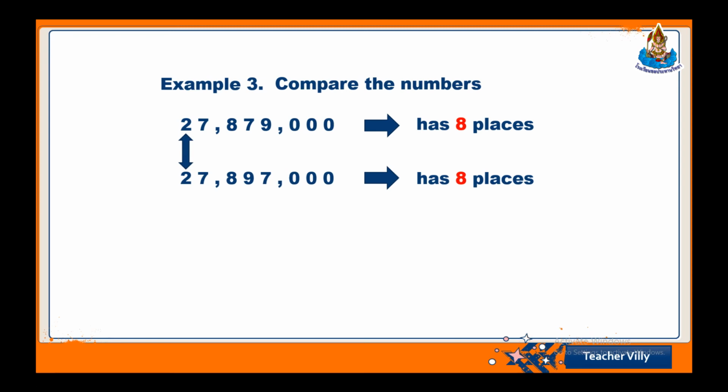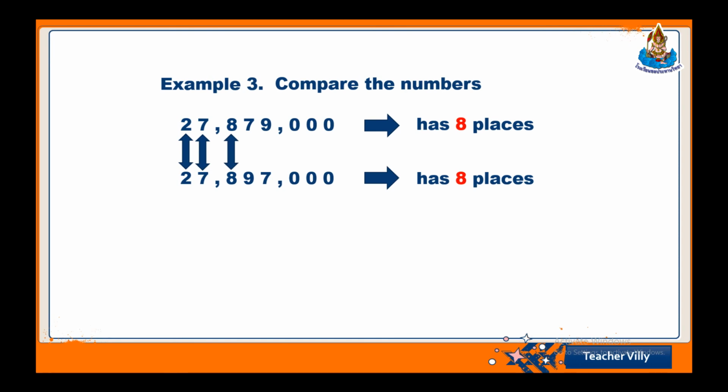So to compare, check first the 10 millions place. They are the same. So let's compare which one is greater, which one is lesser, or are they equal? Let's check it. Let's start from the left. Next we have the digit 7 in the millions place. They are the same, 7 and 7. Next we move on to the digit 8.